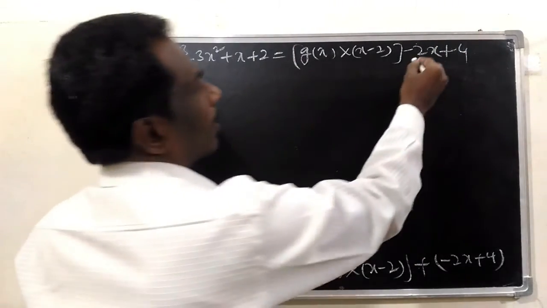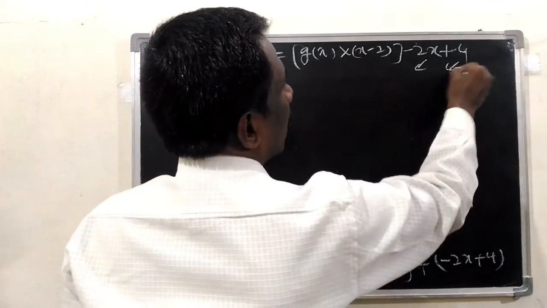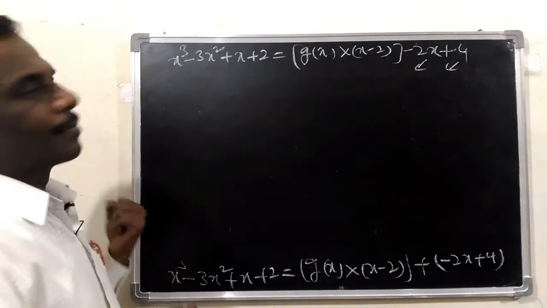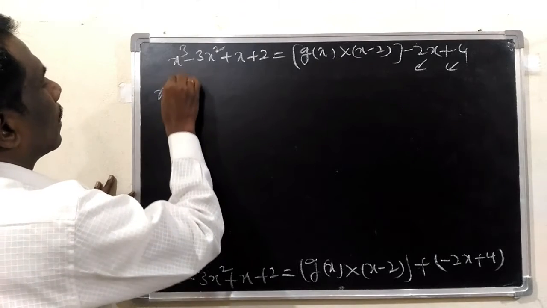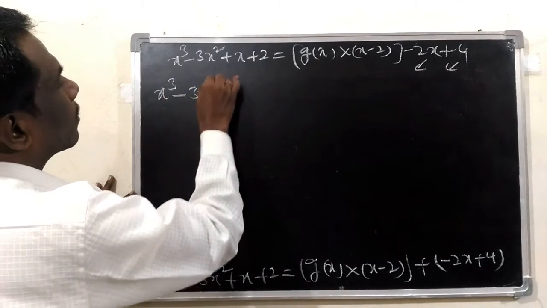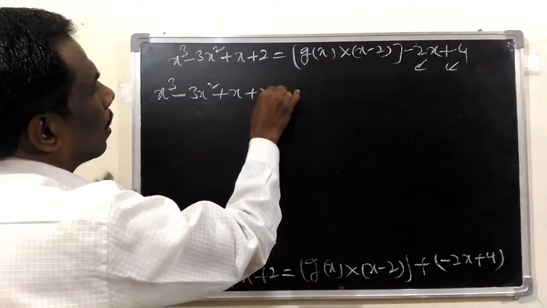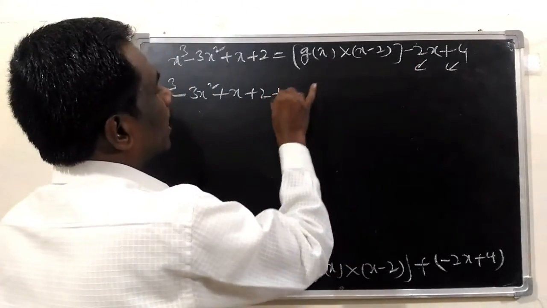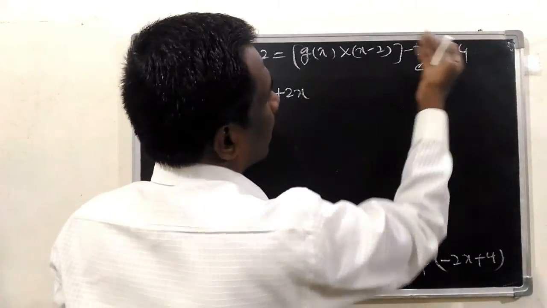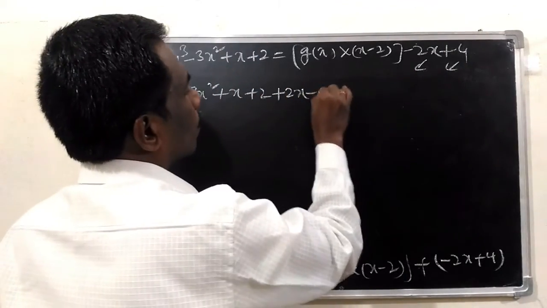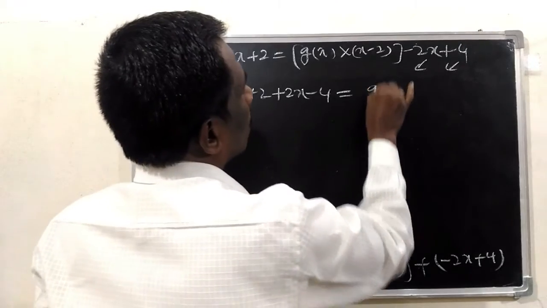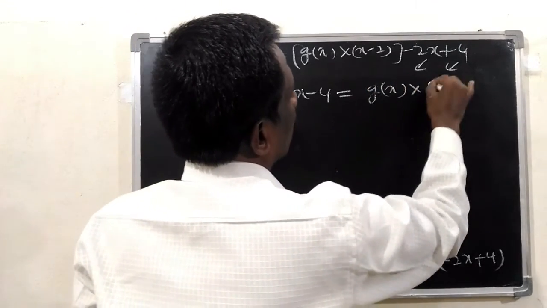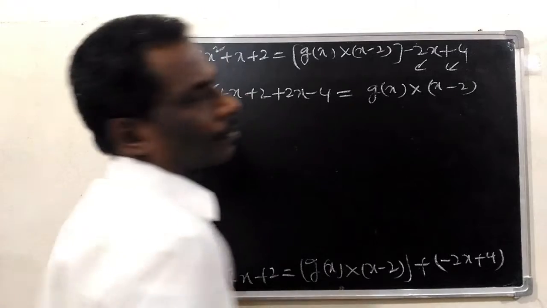Next we transfer these two terms, minus 2x and 4, to the left side. Then x cube minus 3x square plus x plus 2 is written as it is, and this minus 2x becomes plus 2x and plus 4 becomes minus 4, equals g of x into x minus 2.